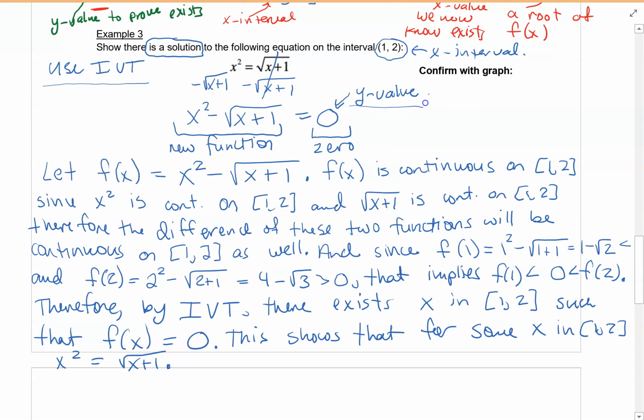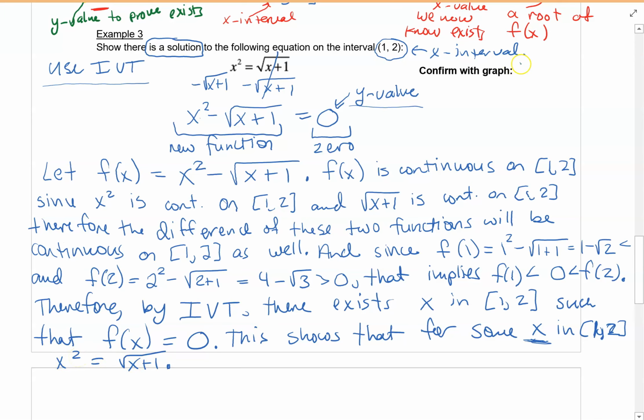You treat that 0 as your k value, if you will, the y value that you're trying to show exists. Prove that it equals 0 by IVT, and then bring it all home by saying, okay, if this function, which is the difference of these two functions, equals 0, then for that same x in the interval 1 to 2, those two separate expressions must be equal to each other.